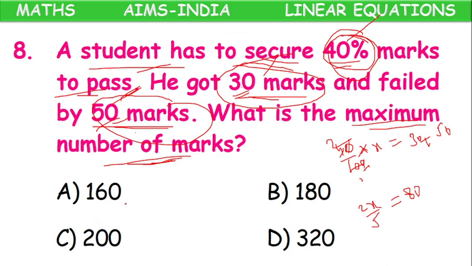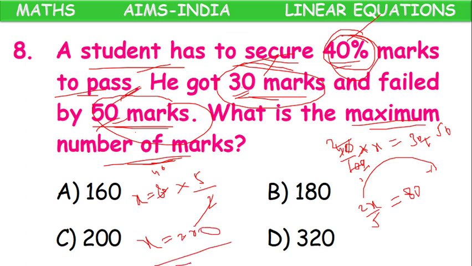So we want to find x. If 2 by 5 goes to the right-hand side, it will become its reciprocal 5 by 2. 40 times 80, 40 into 5, 200. So x equal to 200. So total marks are 200.